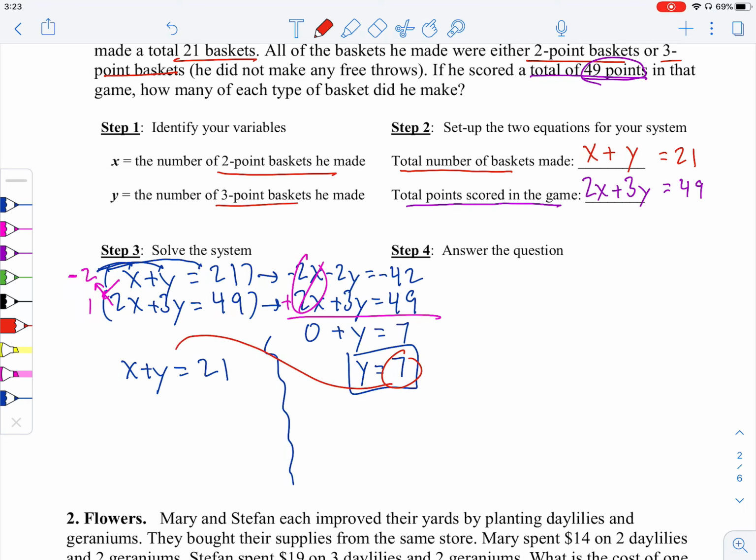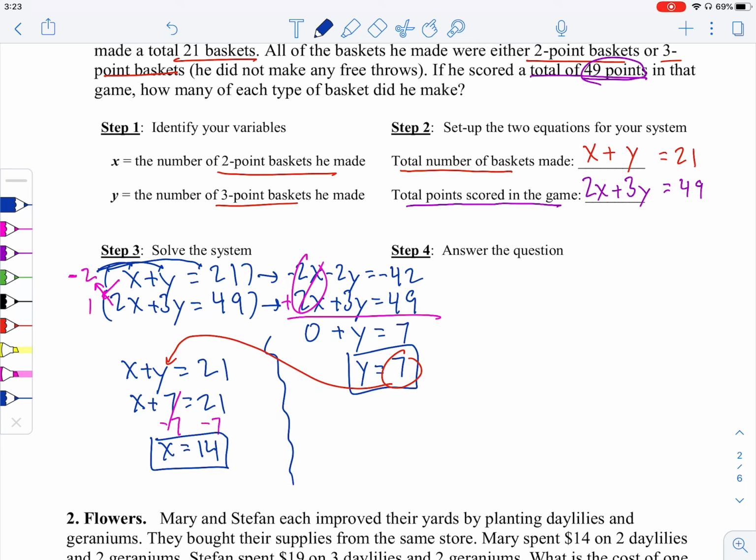So y is 7. We put that in for y. So we get x plus 7 equals 21. Subtract 7 from both sides. We get x is equal to 14. So x is 14, y is 7.